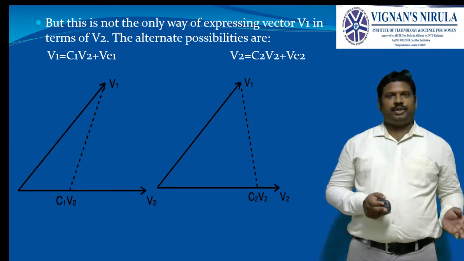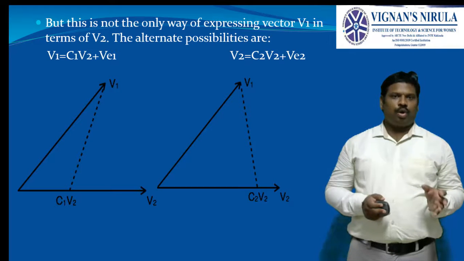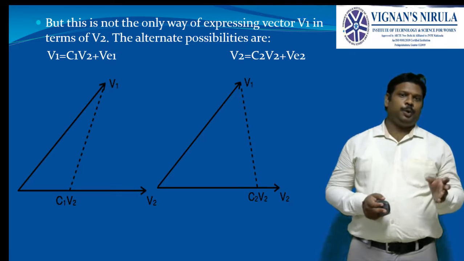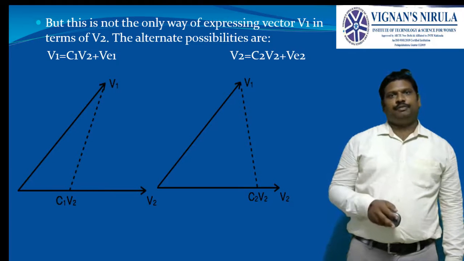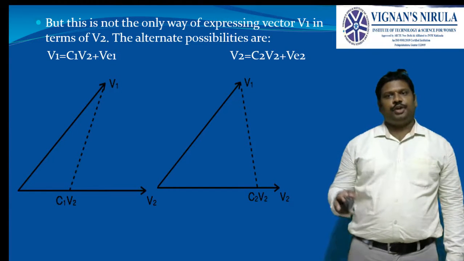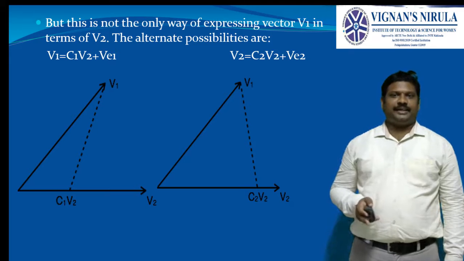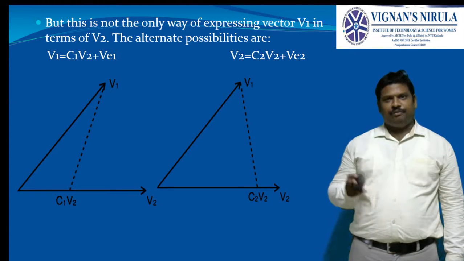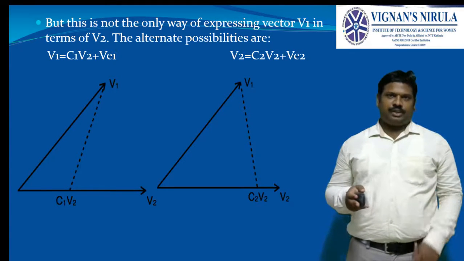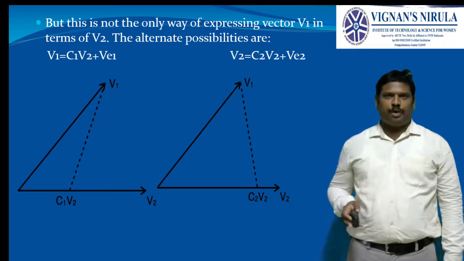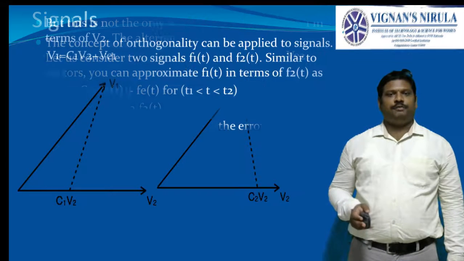In both the cases the V1 can be written as the sum of two vectors, that is C1 V2 plus VE1 in the first case. In the second case, V1 is equal to C2 V2 plus VE2. Here VE1, VE2 and previously VE are nothing but our error vectors, obtained by drawing our component from the V1 to the V2.